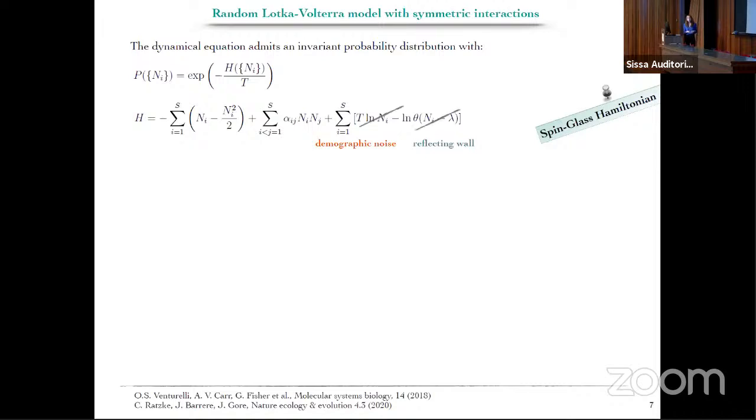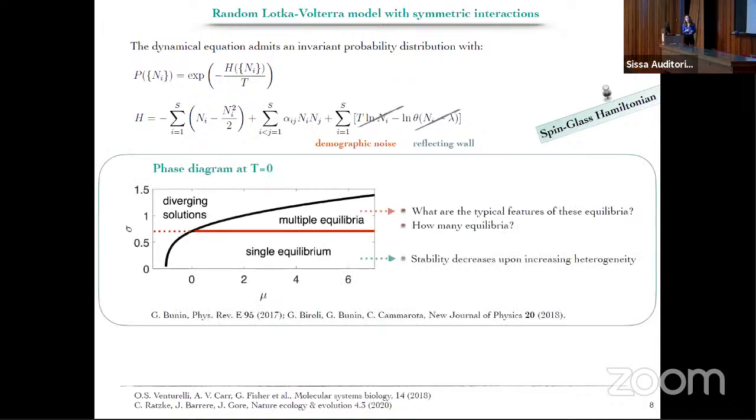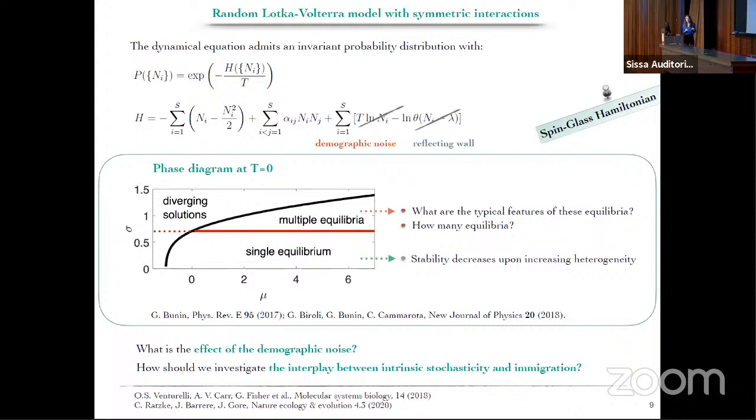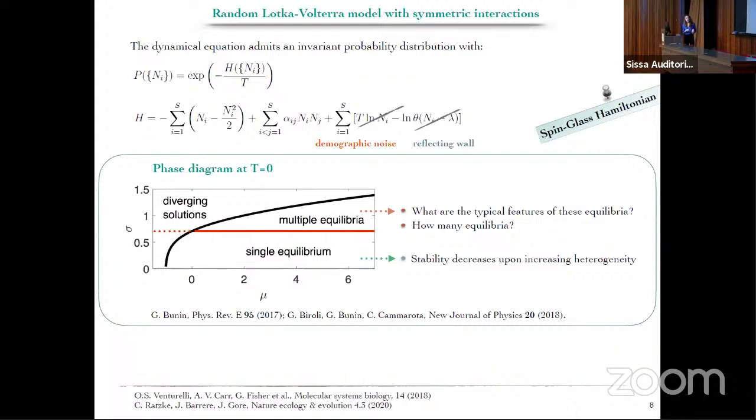This model was originally studied without demographic noise and without immigration by Guy Bunin in 2017, and Bunin and collaborators used the replica method one year later. They studied this model without demographic noise and without migration, and they obtained the phase diagram of the model, which takes this shape.